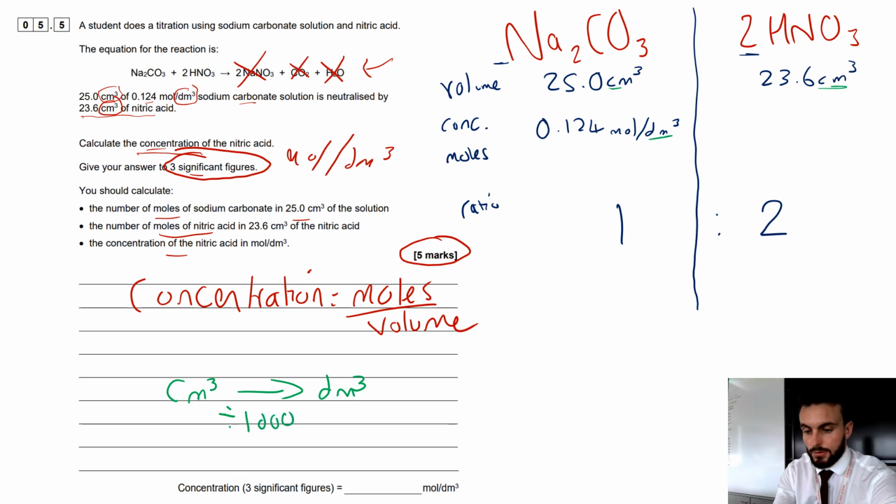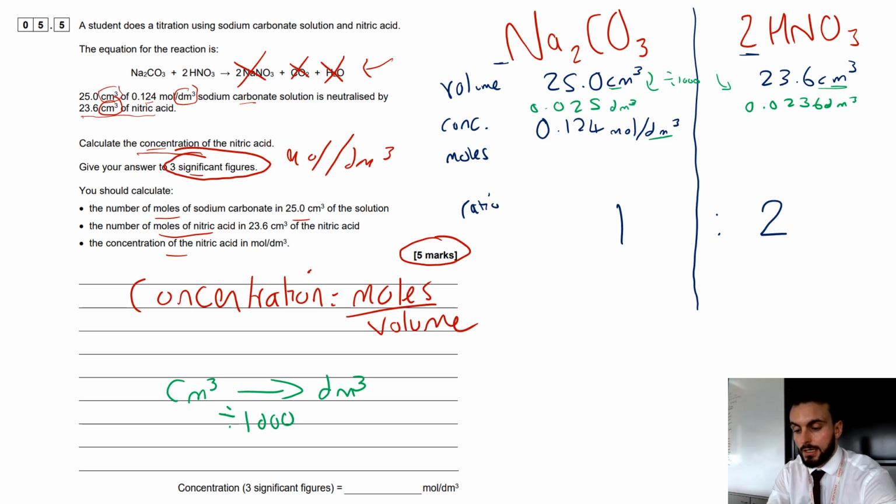So we're going to divide these two volumes by 1,000. I'm going to get 0.025 for that one, and 0.0236 for that one. Now the rest of it is pretty easy. Once you've spotted that, that's pretty much the main thing that's going to lose you the marks.